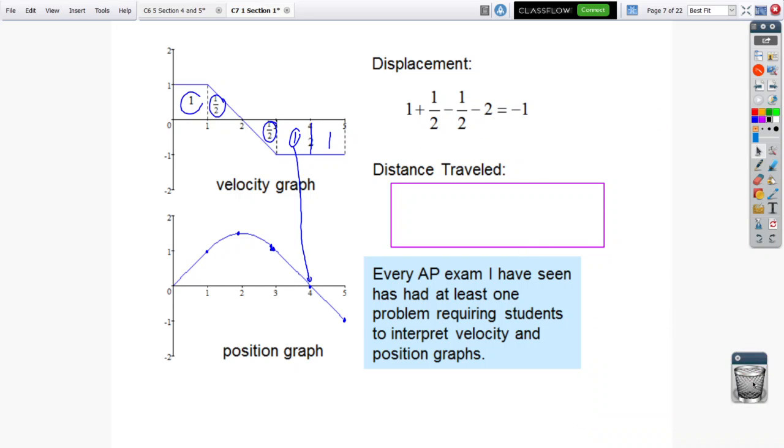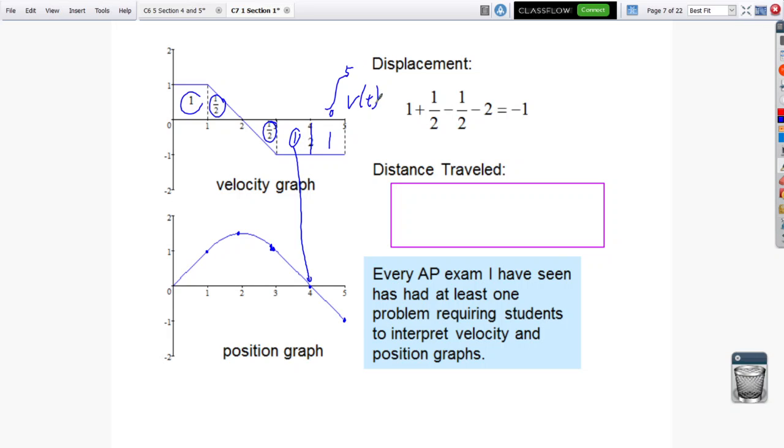So here we can see that using math, 1 plus 1/2 minus 1/2 minus 2 is equal to -1. And the way that we would write that using calculus, we would say the integral from 0 to 5 of the velocity dt is equal to that. Versus the distance traveled. For the distance traveled, I don't care that this is +1 and this is -1.